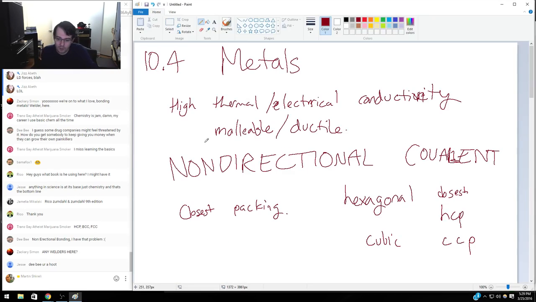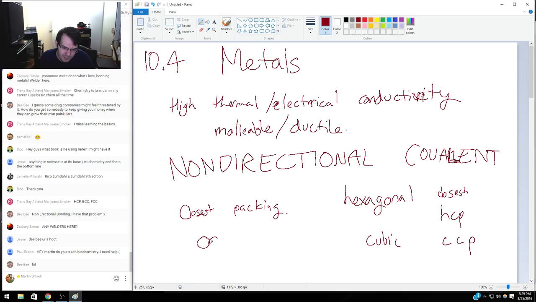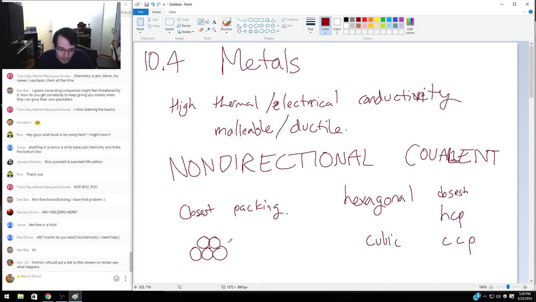Well, I guess I can try to draw one. So a good example is if we look at these molecules from the top, right? We have something that looks like this. This kind of looks like a hexagon, right? And these are all metal ions.